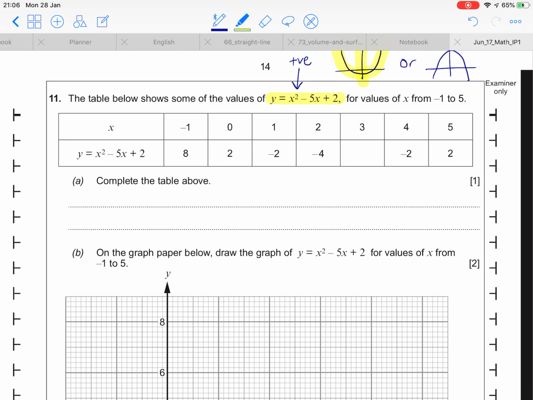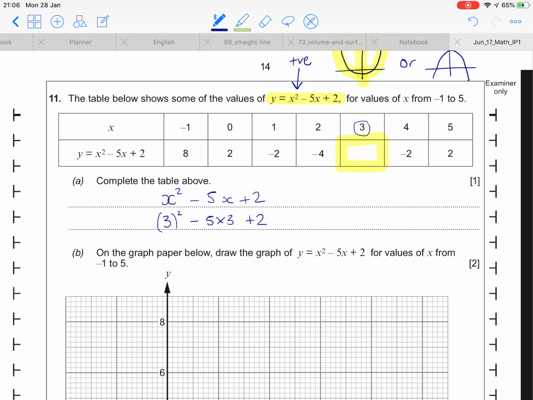We've only got one value to add to the table, this one. So we need to complete that equation with 3 in as our x value. So where it says x squared minus 5x plus 2, we are going to do 3 squared minus 5 times 3 plus 2.